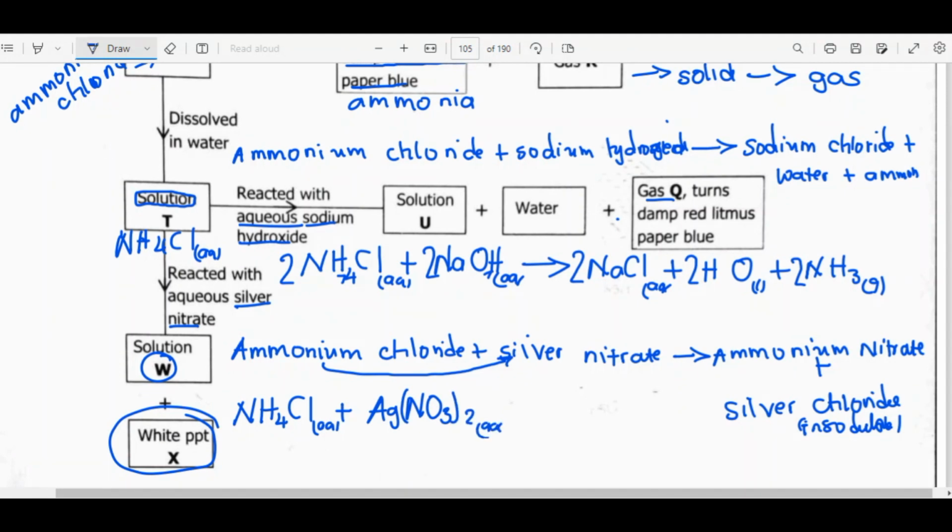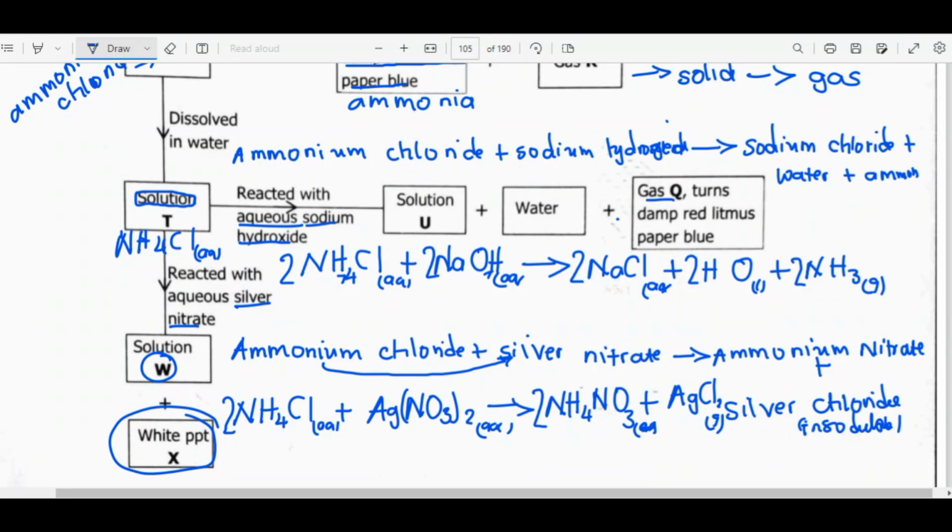So we have aqueous, then we are going to have ammonium NH4NO3 aqueous plus AgCl2. So if we want to balance, let's put a 2 here. So 2 atoms of chlorine, 2 atoms of chlorine. We also put a 2 here. All right, so our equation is now balanced.